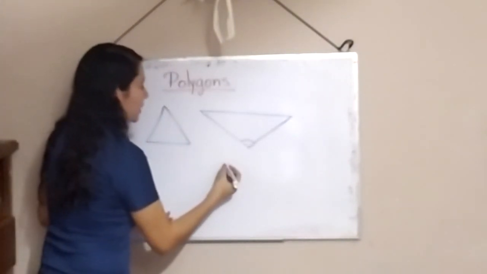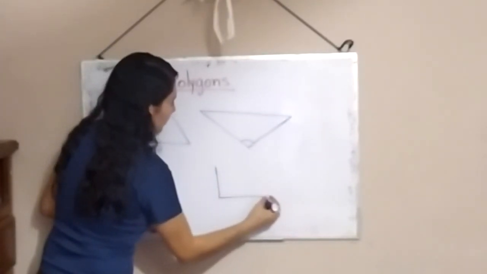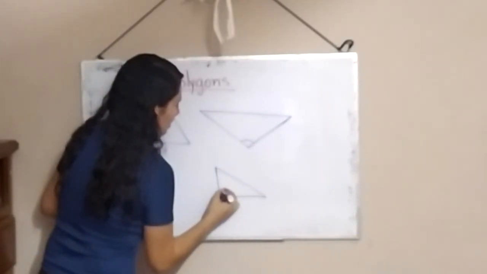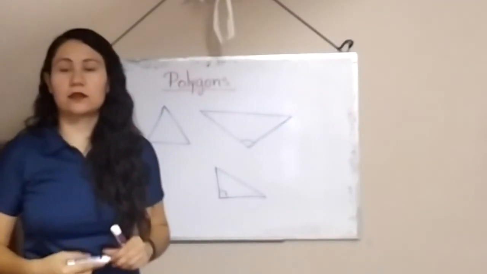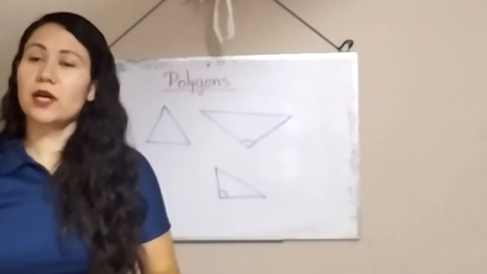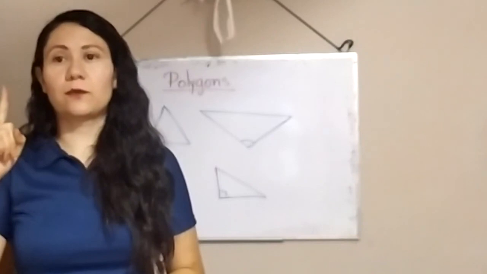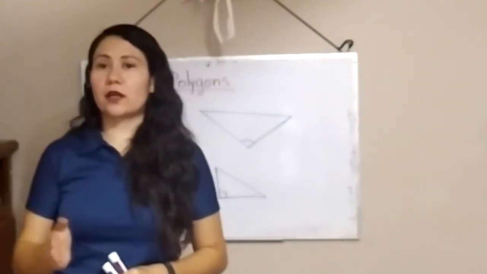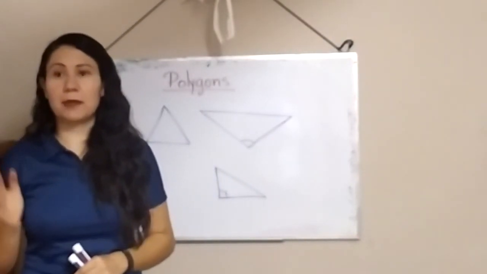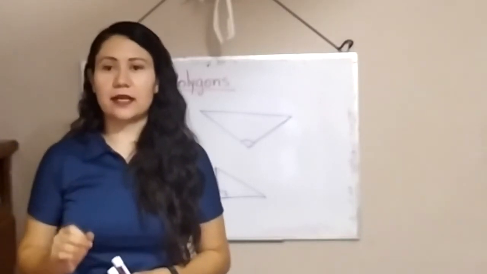And last, we have a right triangle. A right triangle is a triangle that has one right angle. Okay? One of their angles measures exactly 90 degrees.